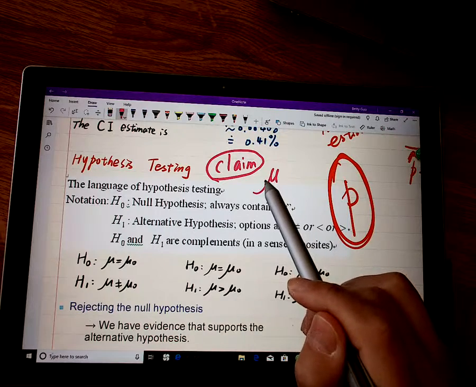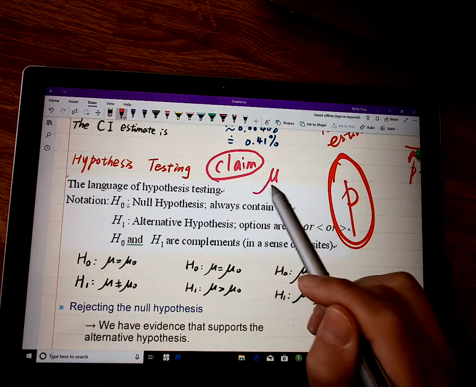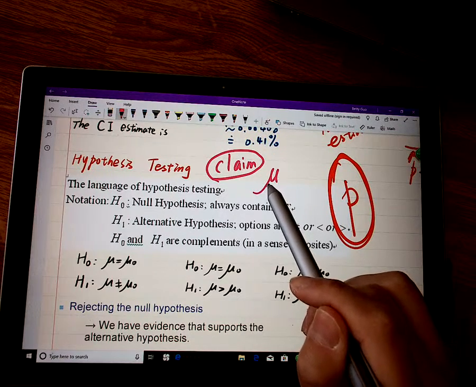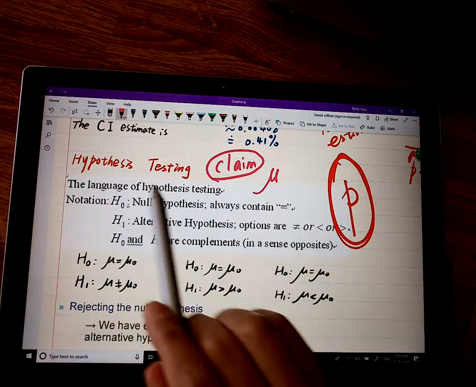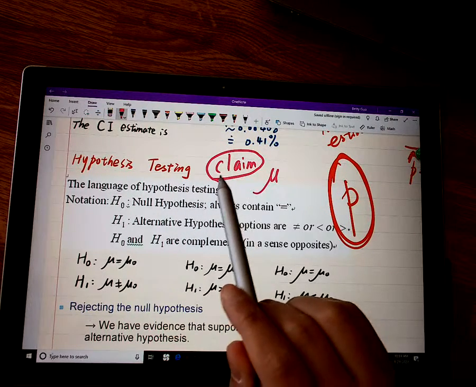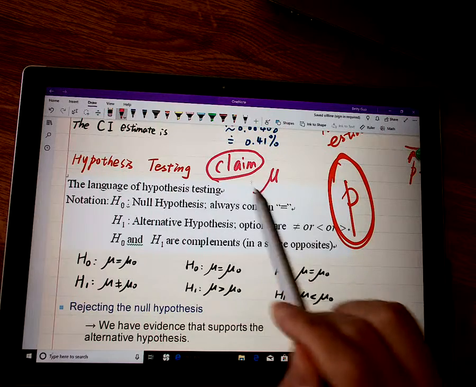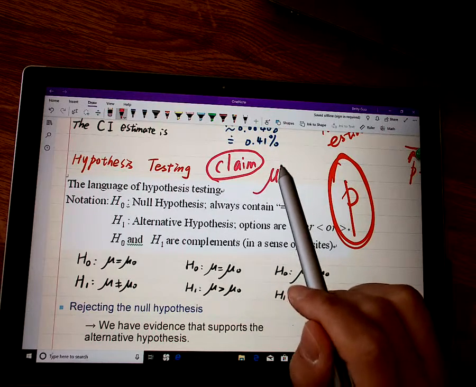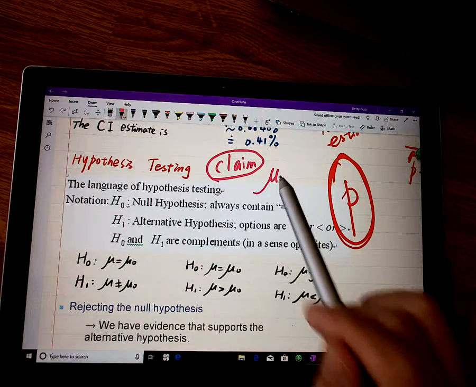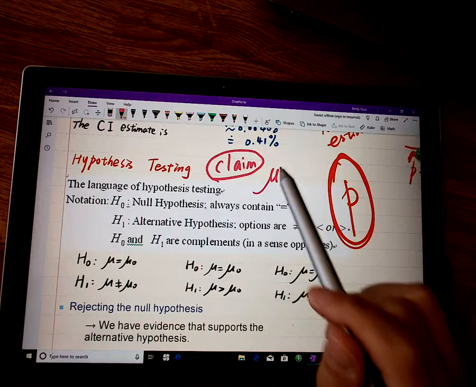Hypothesis testing is used to test a claim regarding a population parameter. Let's say population mean mu. Yeah, we only consider population mean mu here.